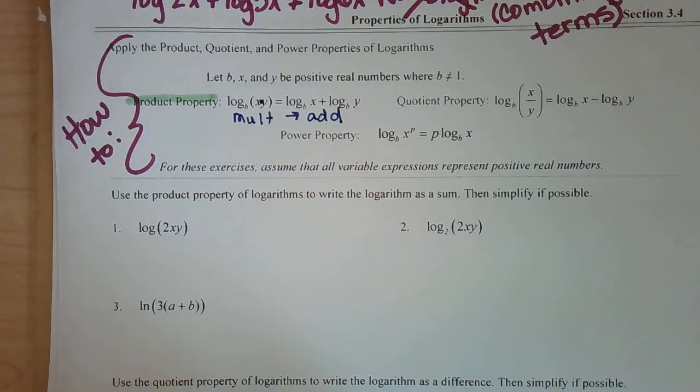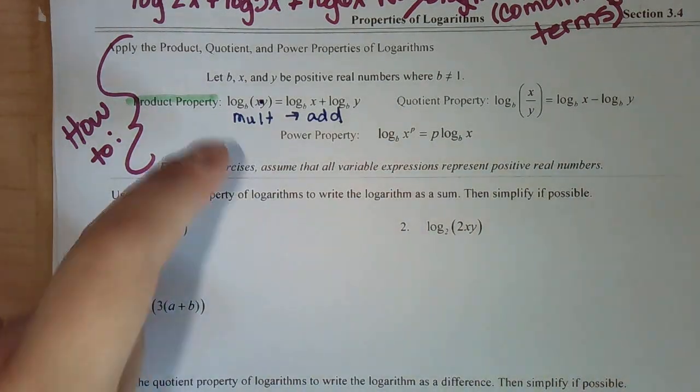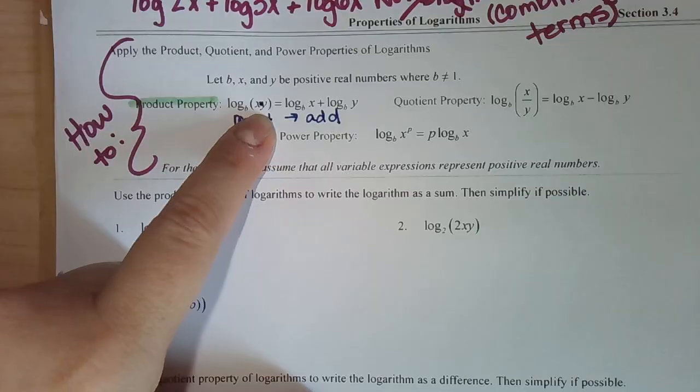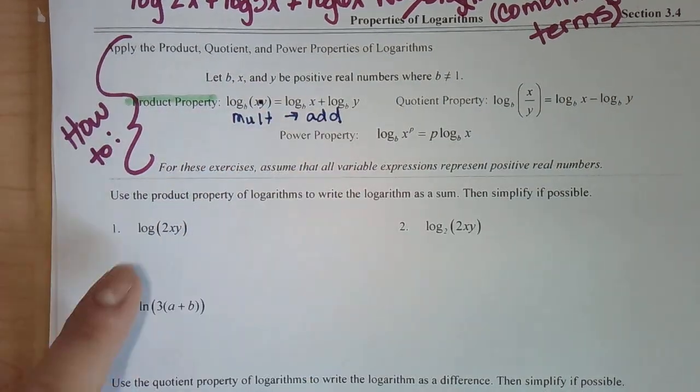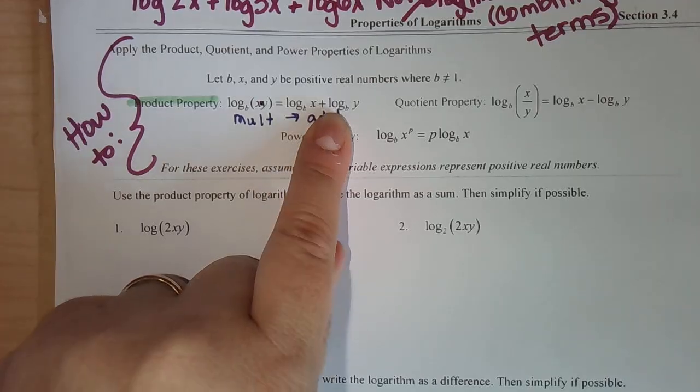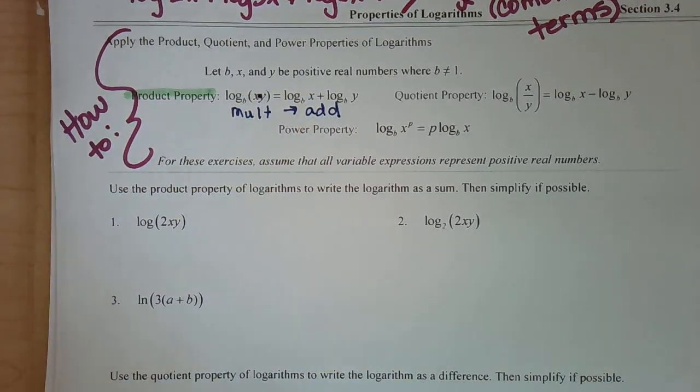So when we have a log with things being multiplied inside of it, the math that we're going to have to do from now on is we split it using pluses. And then there's way more math that we're going to learn. But right now, this is just how to expand and condense logs so that we can do the fancy math to solve big word problems.